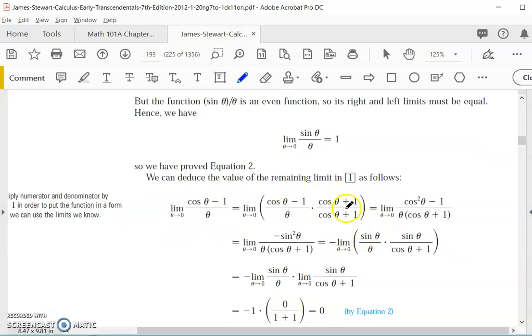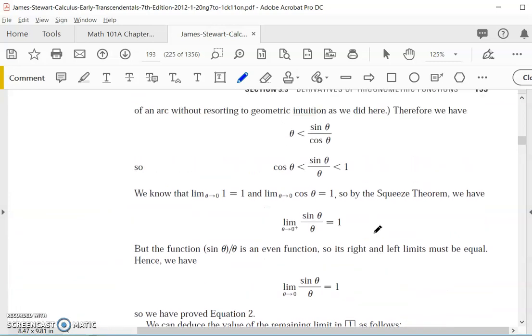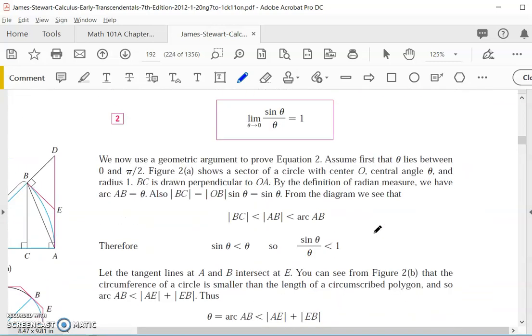They use, I think I did that in class, the conjugate of cosine theta minus 1, which is cosine theta plus 1. And so you would have sine theta over theta again. It turns out that this particular limit is 0. So all in all, it's very long.